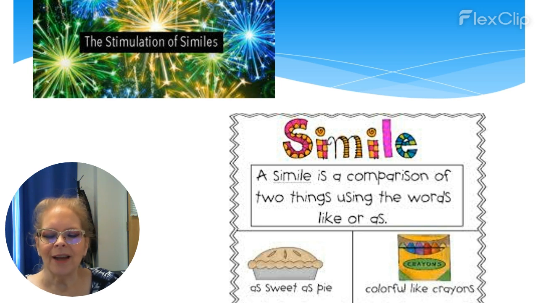Colorful like crayons does not mean that they have skin that is all different color. That would be fun, wouldn't it? Instead, it just means that they're probably like me, extra out there or something. Exactly how it's to be implied, we don't know. Like I said, it has to be the stuff around it to let you figure it out. What does it mean to be colorful like crayons?